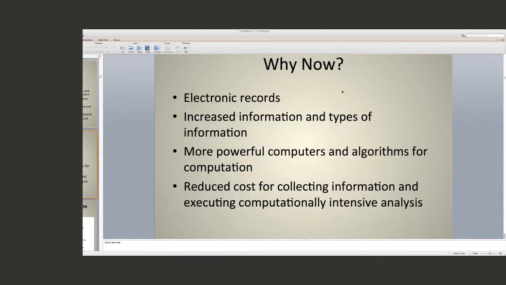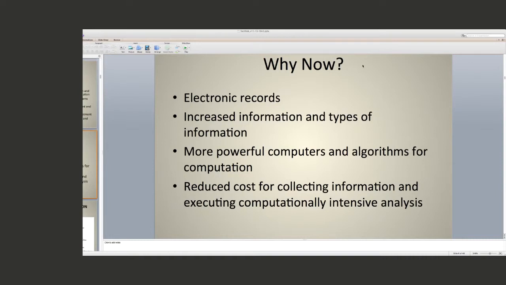Okay, why now? Why is precision medicine a big thing? Why is there an initiative on it? Well, one is we have more data, more information now than we've had before. We've gone from paper records to electronic records.